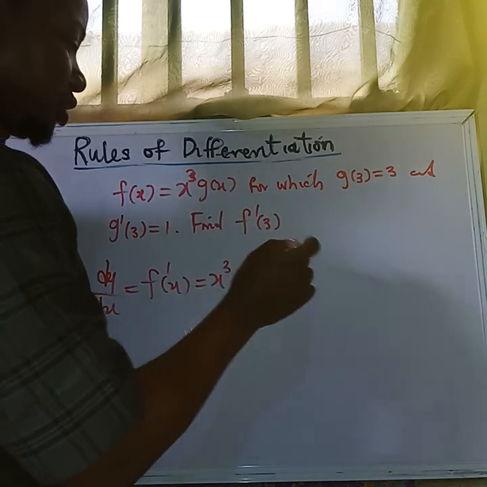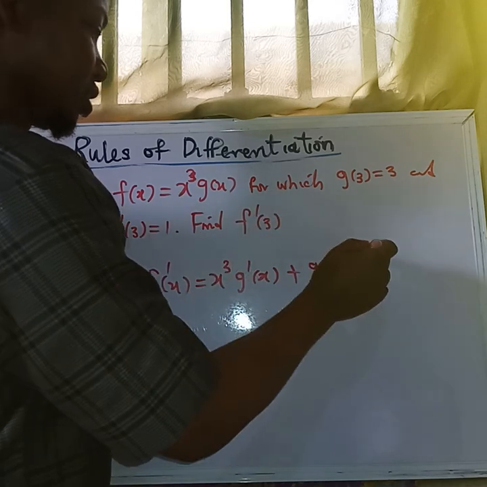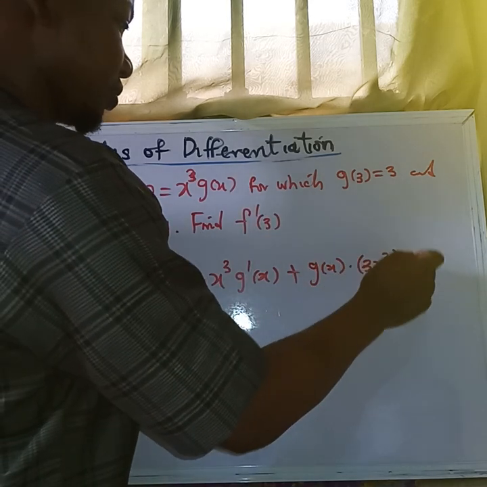So when we keep this, it becomes g of x, then when we differentiate this, it is 3x squared.